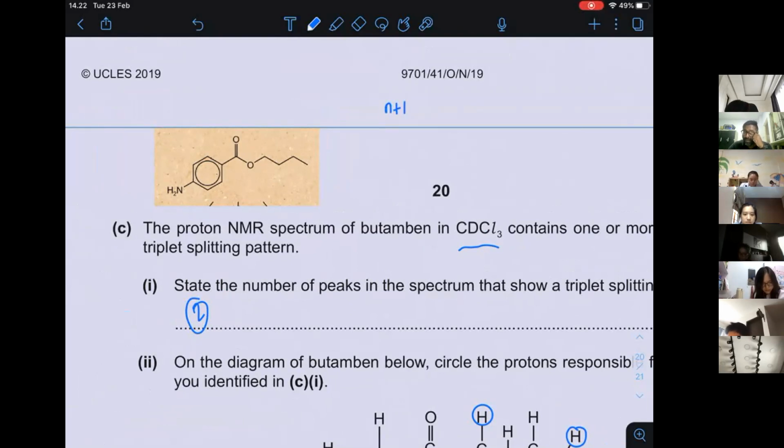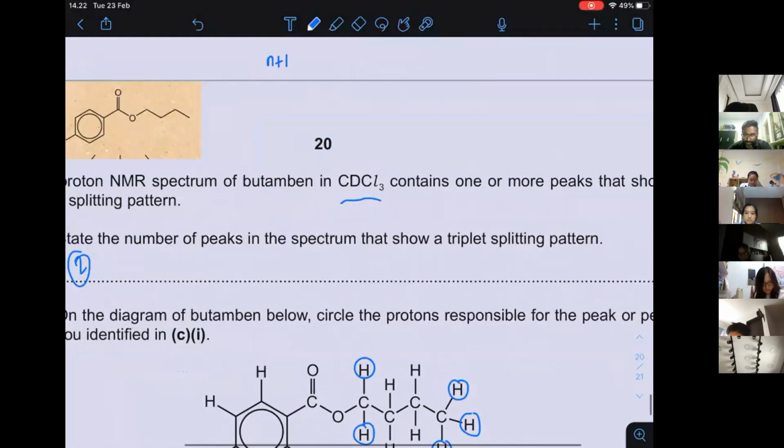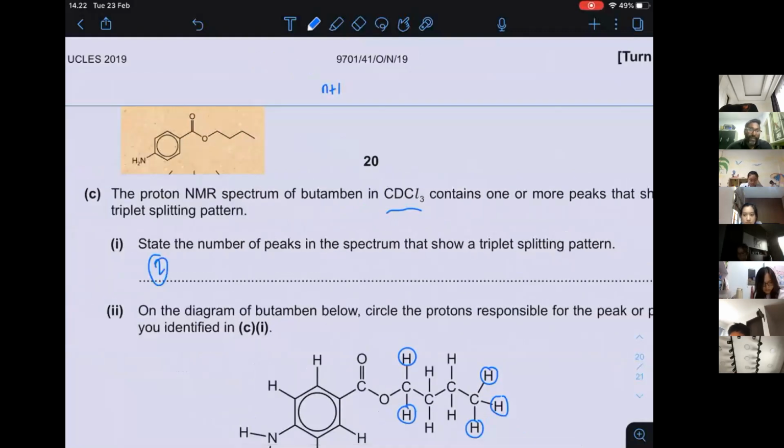So when I want to state the number of peaks in the spectrum that show a triplet splitting pattern, I need to see which hydrogen environment is bonded to a carbon that has two hydrogens, because 2 plus 1 gives a triplet.